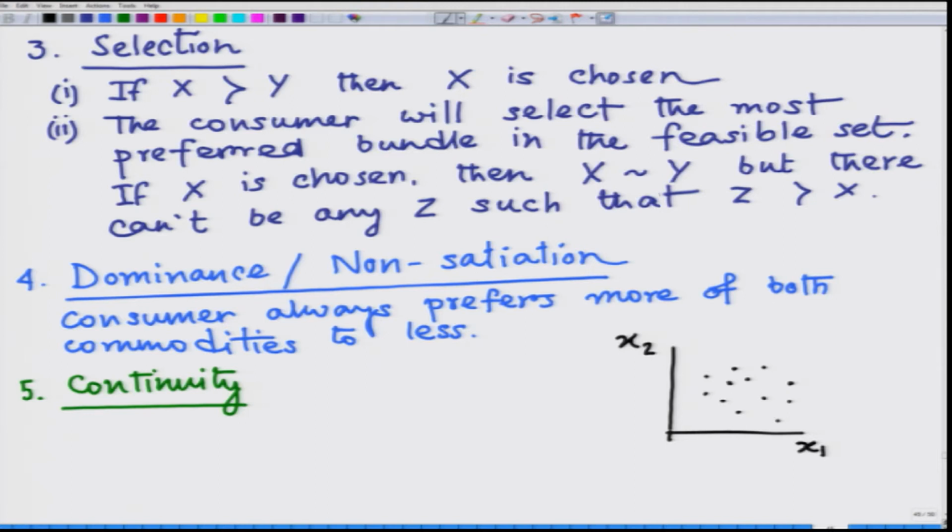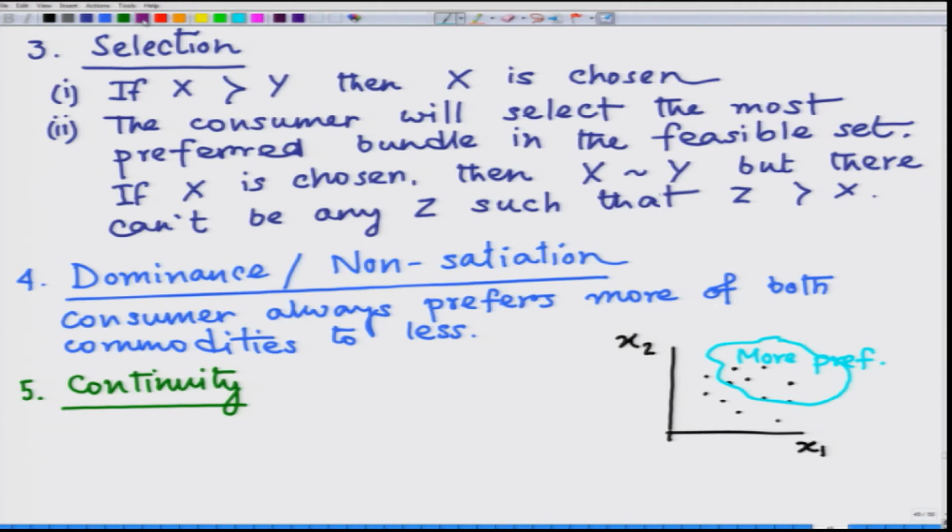Now, the continuity assumption says that there will be some region which is more preferred and some region which is less preferred. Let me write that this is more preferred, and the boundary between the more preferred and less preferred region will be a continuous one. We will again come back to this issue later.